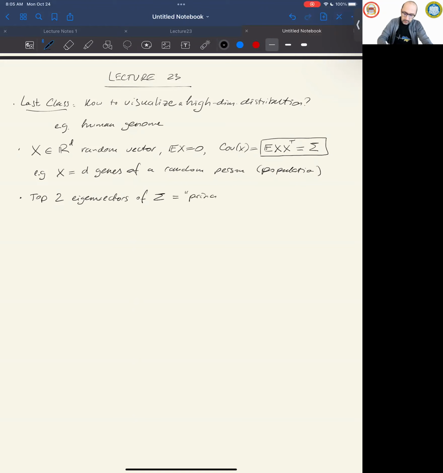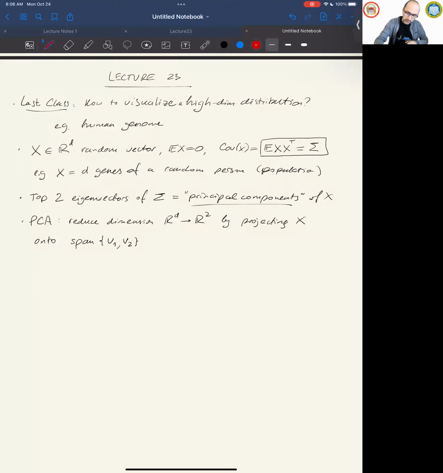They are called principal components of the data of X. And PCA, the principal component analysis, is a super simple algorithm where you just compute these 2 eigenvectors and then reduce the dimension of the data from R^d to R^2 by projecting X onto the plane spanned by the 2 principal components, the span of v1 and v2. And these are the top 2 eigenvectors.